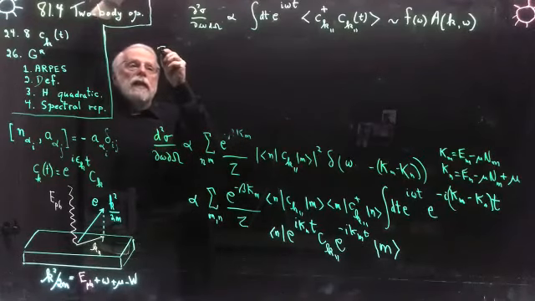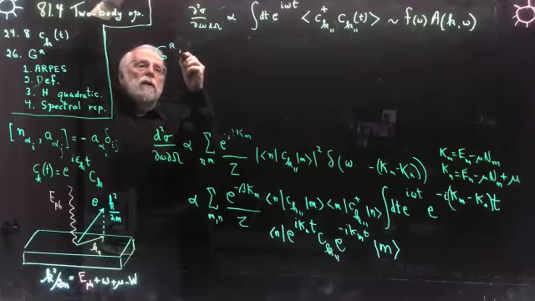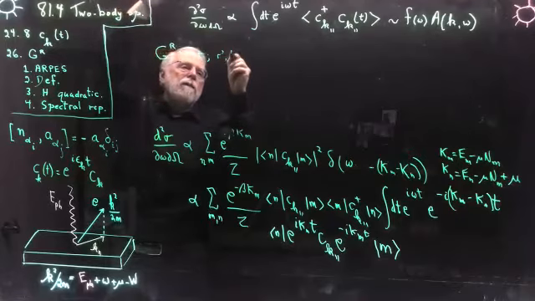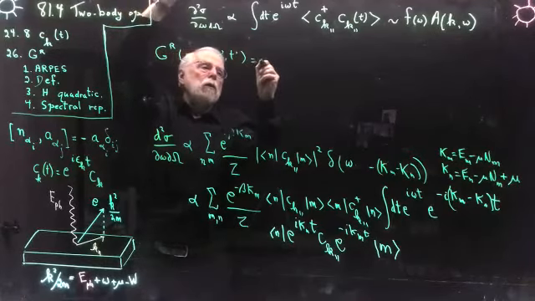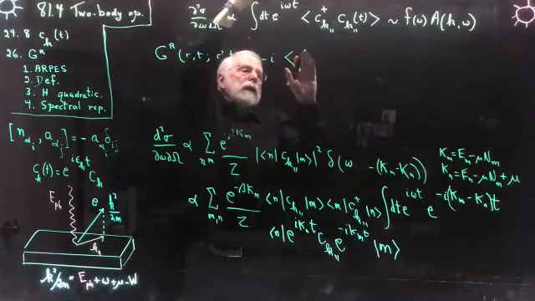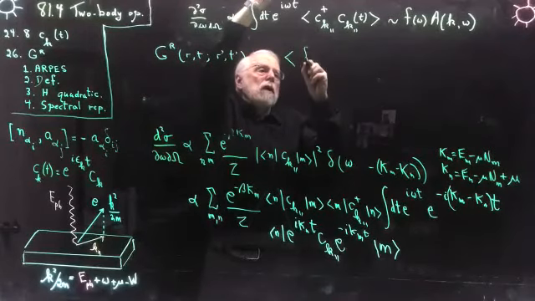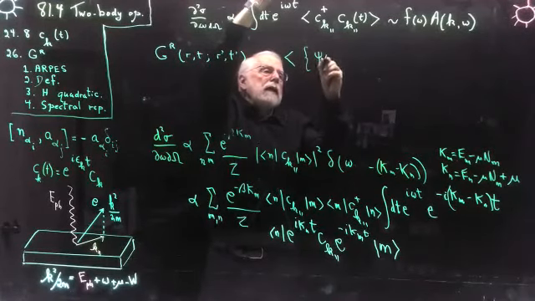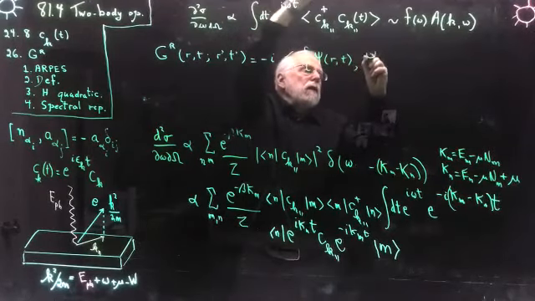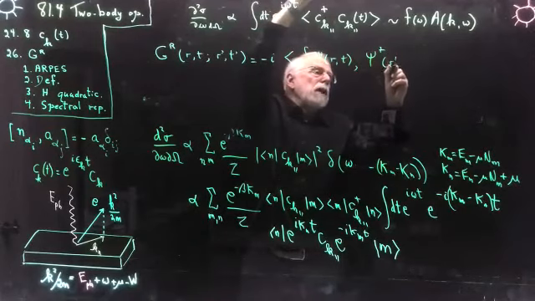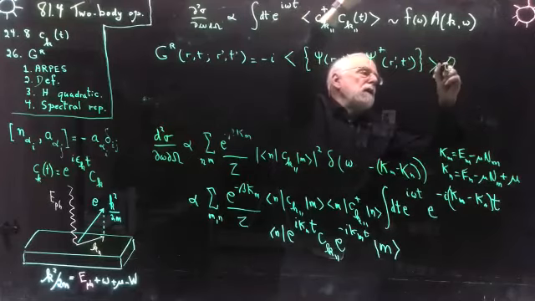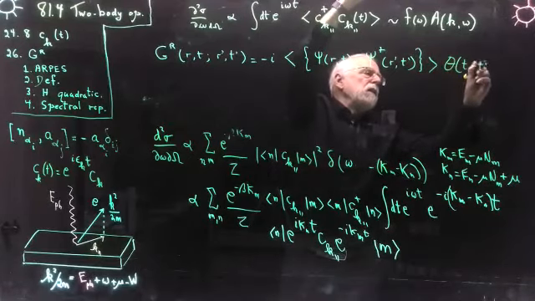So we define it like this: G retarded of R T R prime T prime is equal to minus i times the thermal expectation value of the anti-commutator of psi of R and T with psi dagger of R prime T prime times theta of T minus T prime.